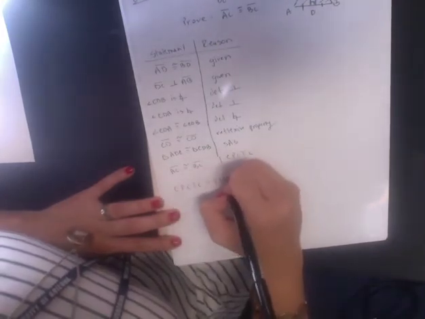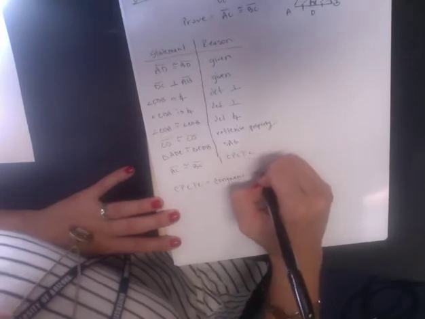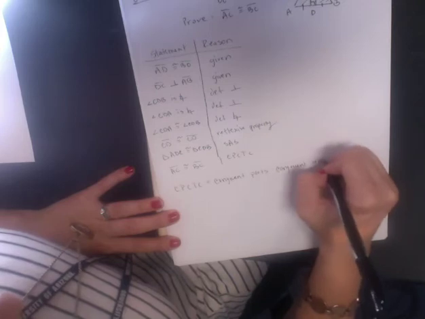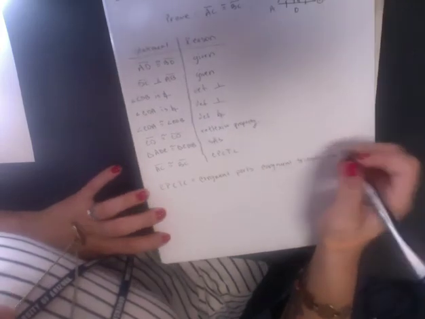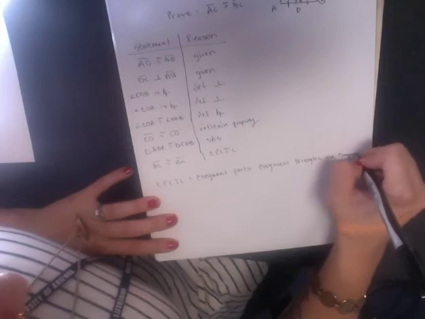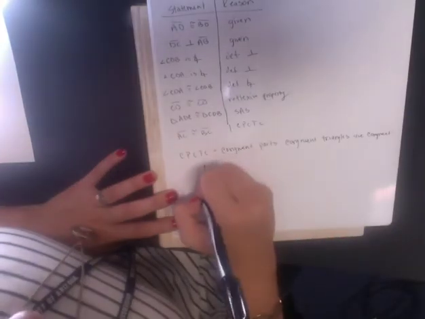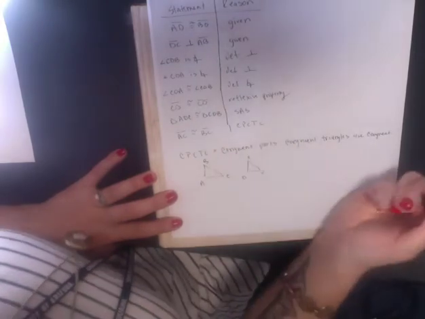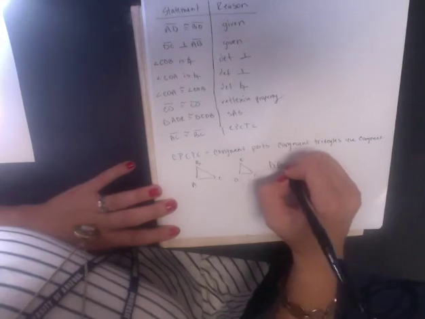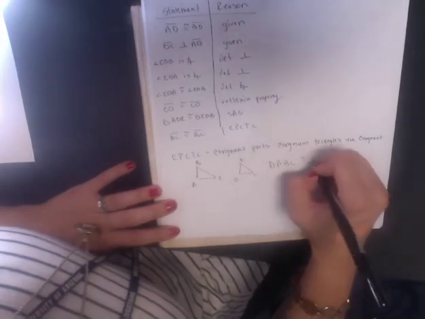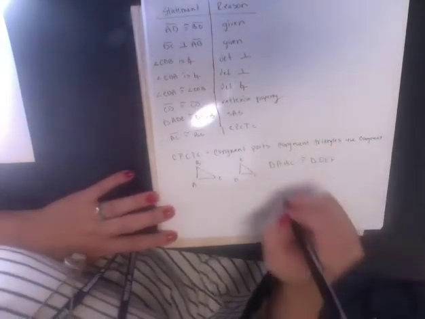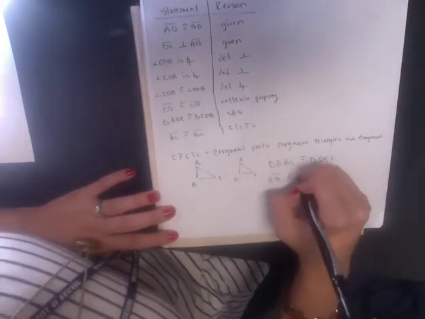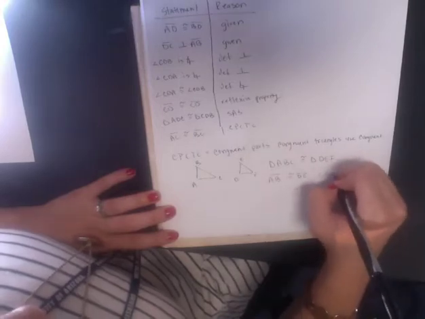CPCTC is congruent parts of congruent triangles are congruent. Meaning, if I have this triangle ABC and this triangle DEF, and I say triangle ABC is congruent to triangle DEF, then I can say AB is congruent to DE by CPCTC, right?